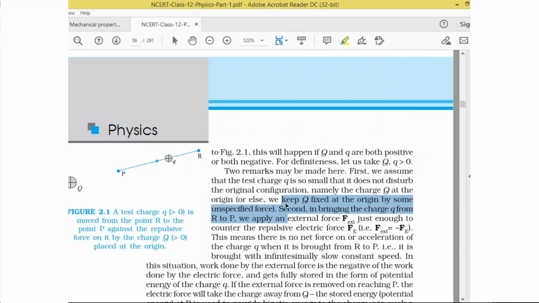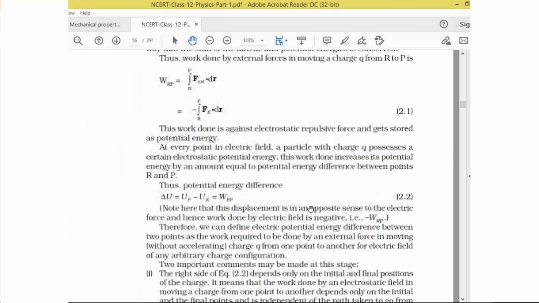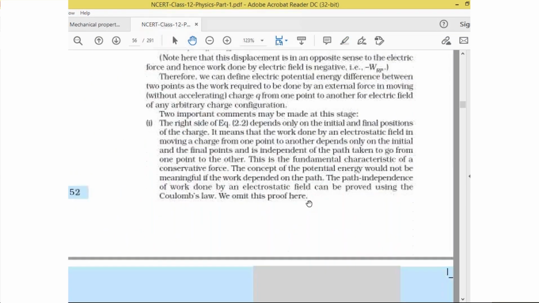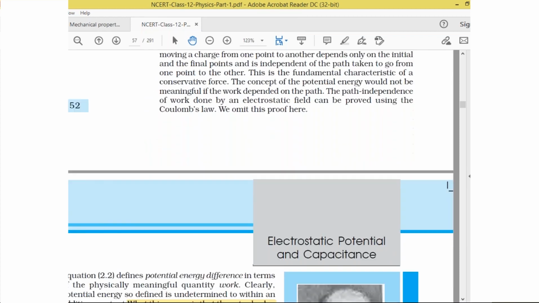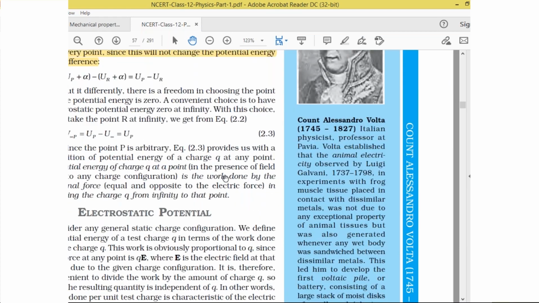So this part in the beginning of every chapter looks a little bit boring, and sometimes it will be a little difficult to understand, but as you listen to me properly and read the book, eventually you will understand. If you don't understand, you can tell me again. See, this is the definition they have told you.